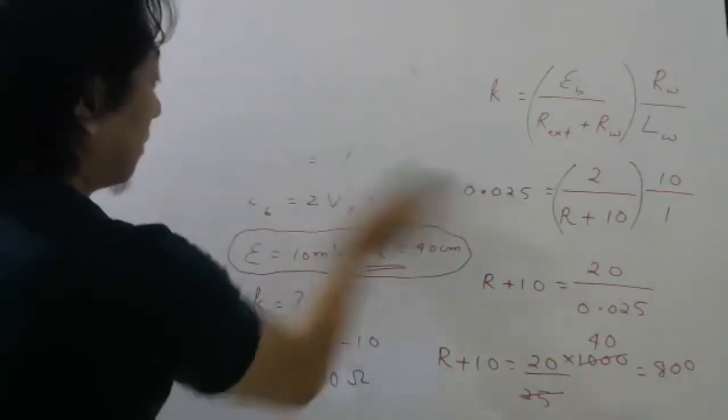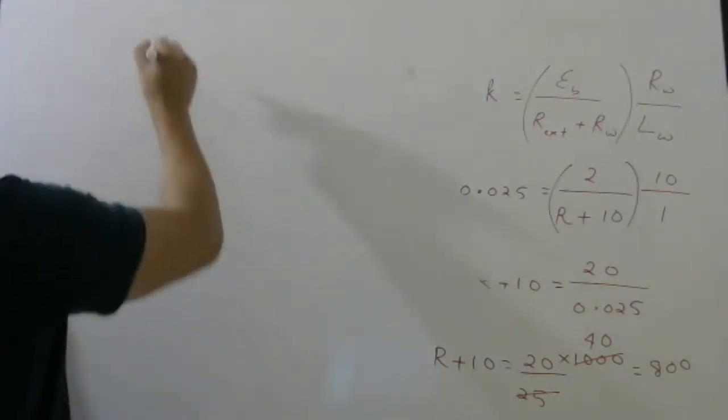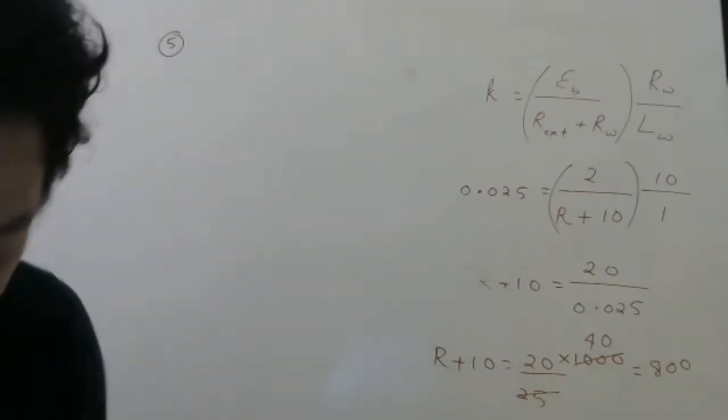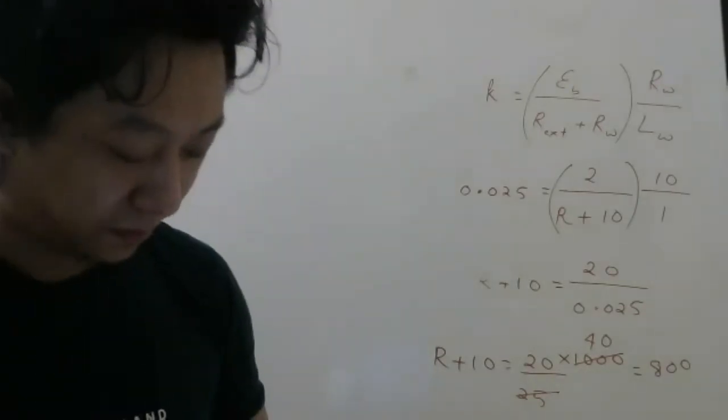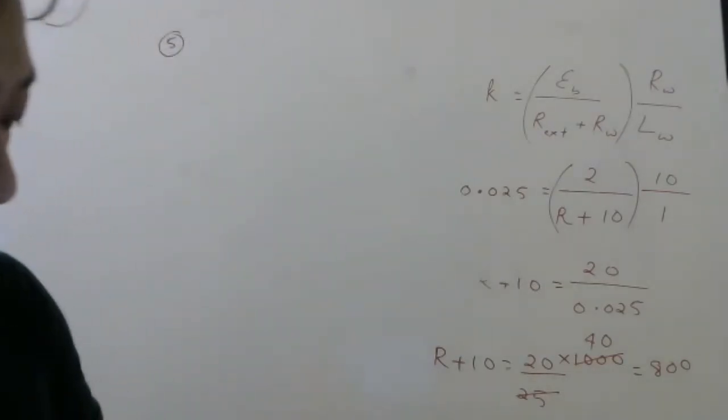The last question of this is based on internal resistance: how to find internal resistance using a potentiometer. You already know it, so let us do it fast. Please see the figure.